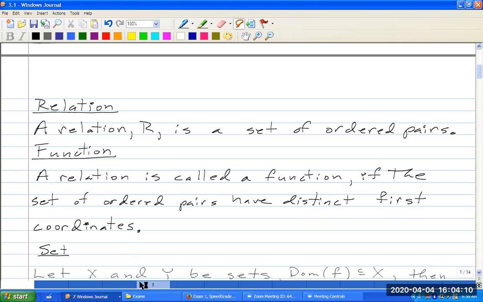When I say distinct first coordinates, I'm assuming when I write my set that I don't have duplicate ordered pairs. I've gotten rid of the duplicate ordered pairs. And so if I've gotten rid of those duplicate ordered pairs, because that's the way you should write a set, then if the set of ordered pairs have distinct first coordinates, we will call this a function.